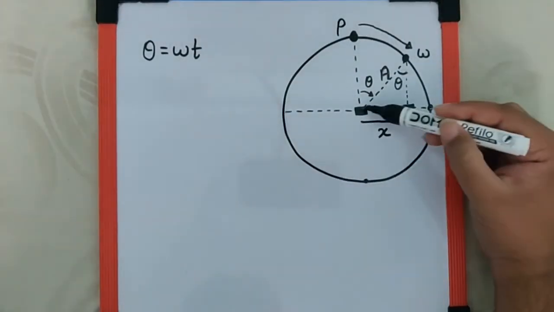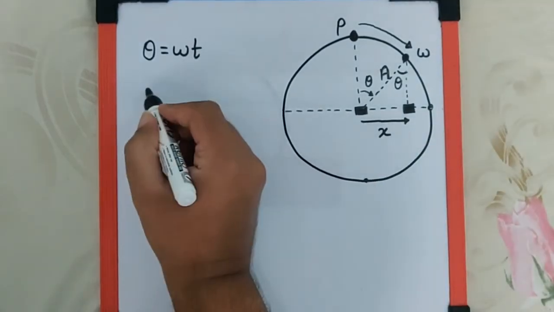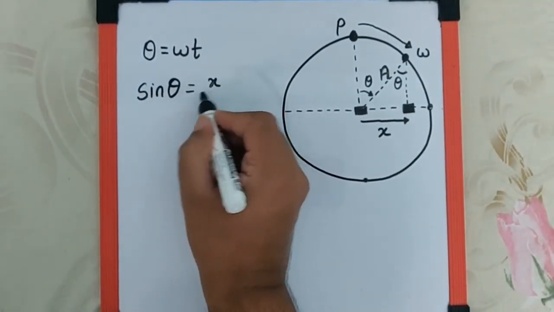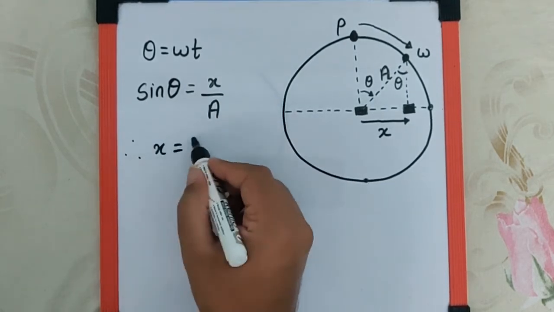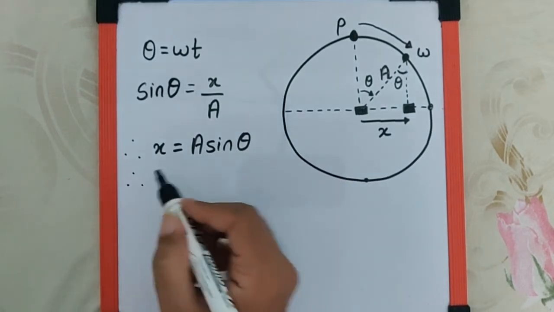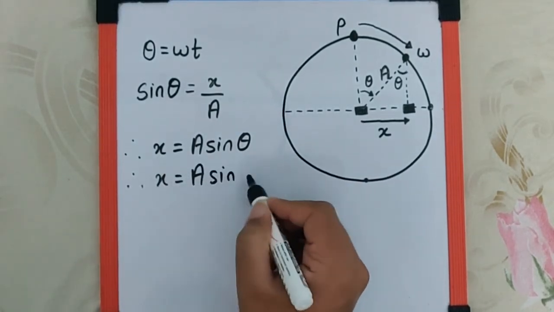So if you concentrate on this right angle triangle and apply trigonometry, sine theta equals opposite x upon hypotenuse A, and that becomes x equal to A sine theta, which is x equal to A sine omega t.